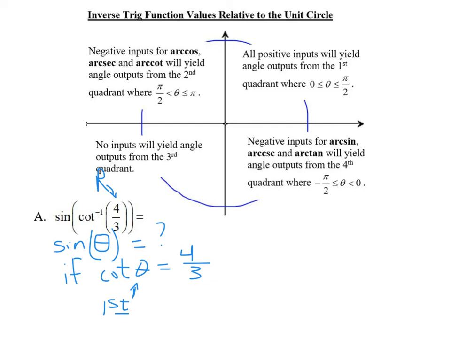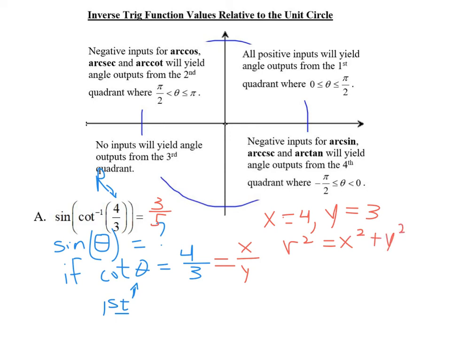All right, I'll be impressed if this is what you got. Did you get 3/5? Let's see, here's how I would do it. I know cotangent is x over y, so I know the x and the y. I just need to figure out the r, right? The x is going to be 4, the y is going to be 3. Keep in mind, I am not on the unit circle, but I do know that r squared is equal to x squared plus y squared.